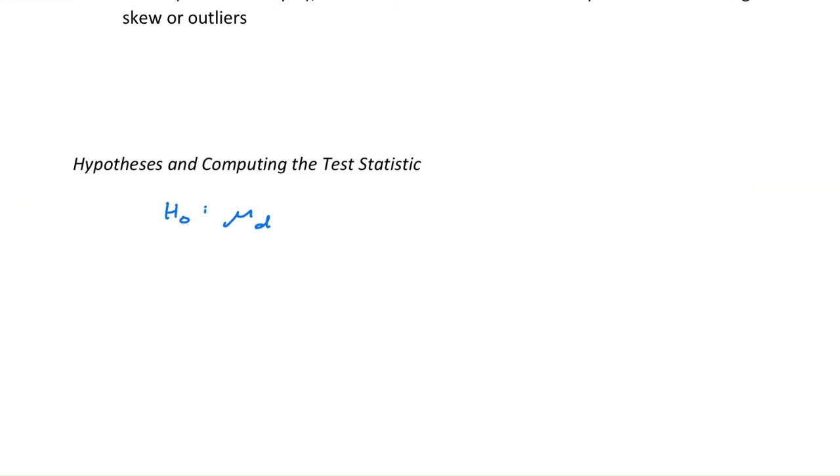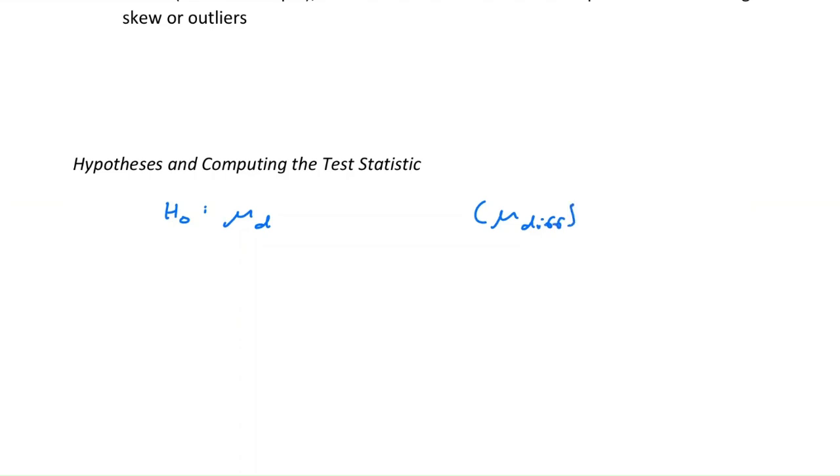Again, for our hypotheses, everything is the same here as far as the work, or pretty similar to it. So this is really more just to see and understand the notation. When we talk about the mean of the differences, a lot of times you'll see mu sub d, or you might even see it written mu sub diff for difference.